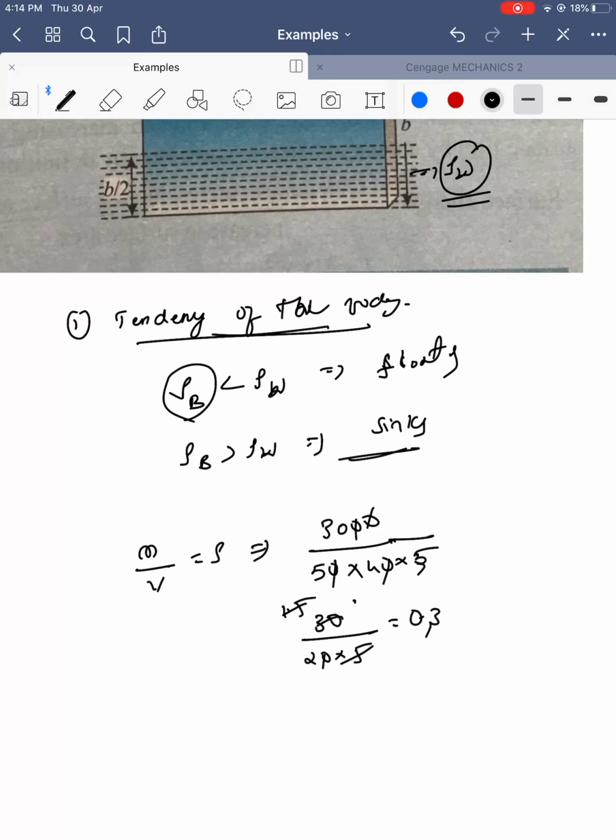If it is 0.3, then the density of the body is less than the density of water.